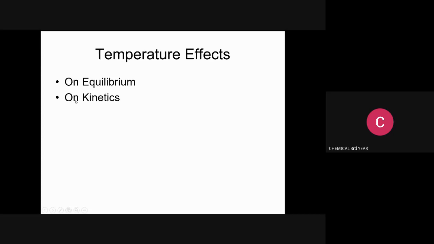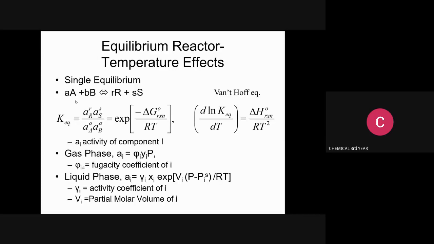The temperature change happens in two major places. One is on equilibrium, the next one is on kinetics. This is the simple temperature difference based on the single equilibrium.